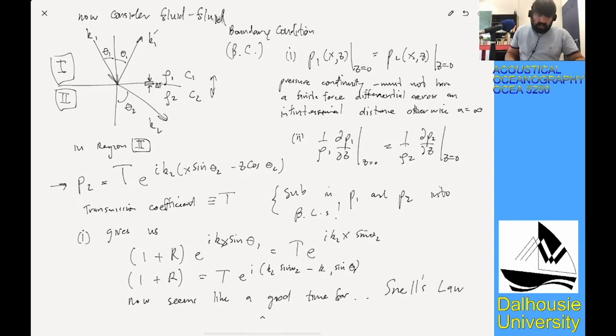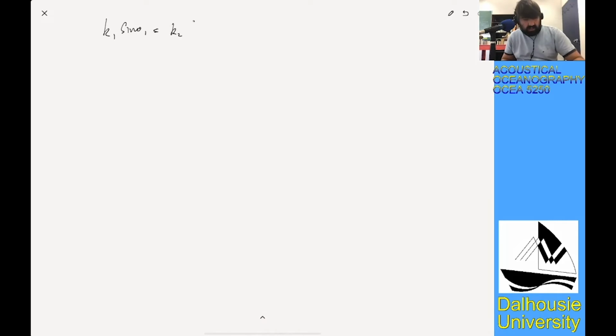Okay? So, what did we have for Snell's law? Well, we had that K1 sine theta 1 is equal to K2 sine theta 2.